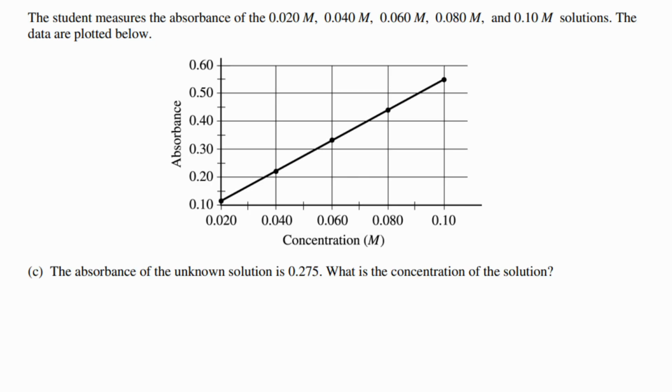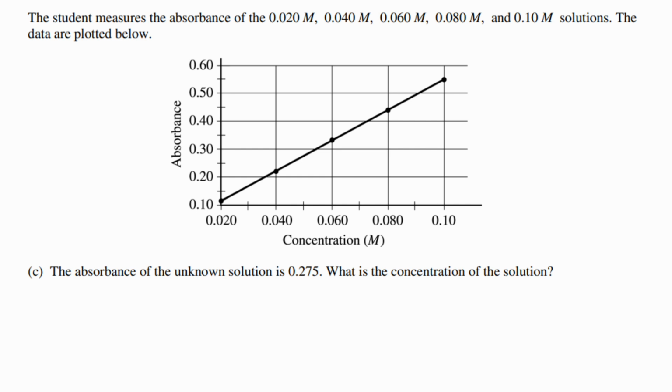The student measures the absorbance of the 0.02, 0.04, 0.06, 0.08, and 0.1 molar solutions. The data is plotted on the graph below. C asks, the absorbance of the unknown solution is 0.275. What is the concentration of the solution? So this is a basic reading of a graph.